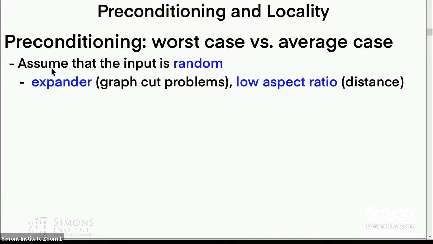And of course, random inputs are just random. We want to exploit some kind of structure from them, and the structure we want to exploit depends on the problem context. For graph cut problems, we'll be exploiting the fact that random graphs are expanders. For distance problems, we'll be using that random graphs have low aspect ratio.